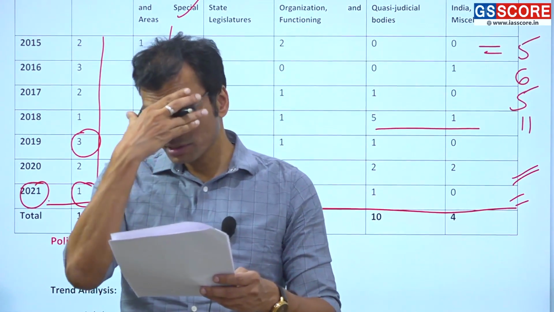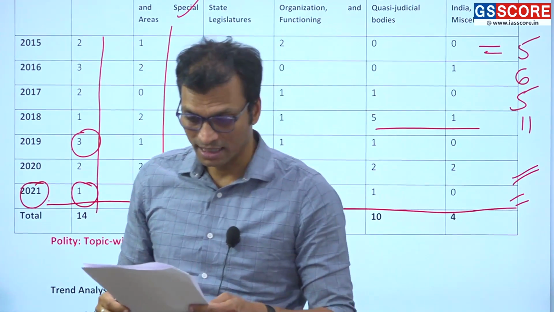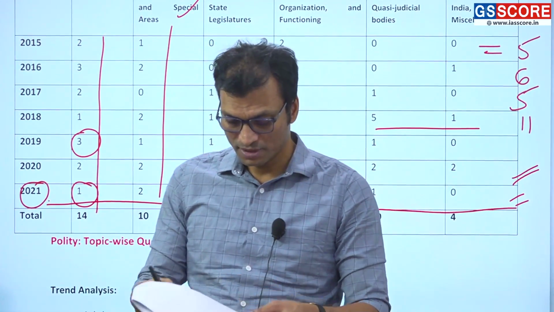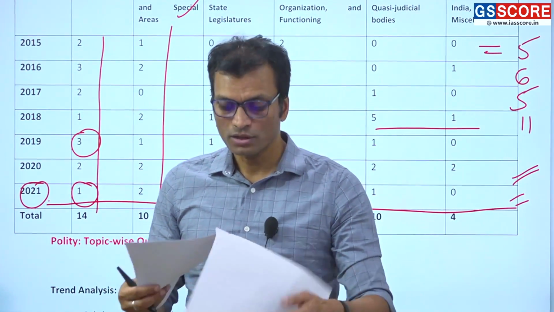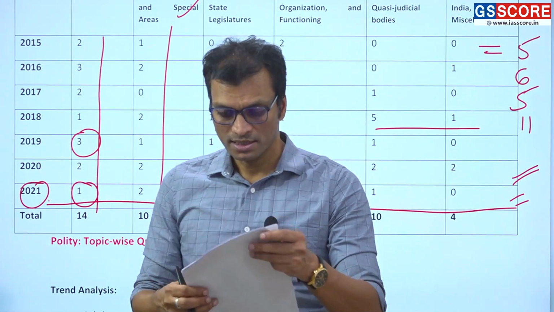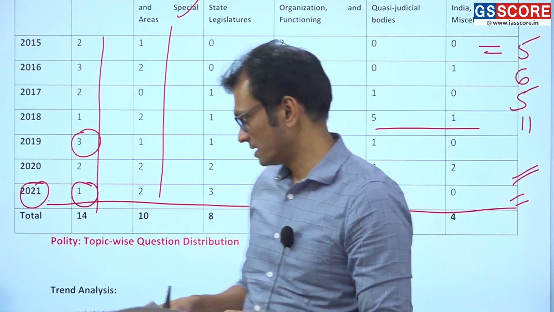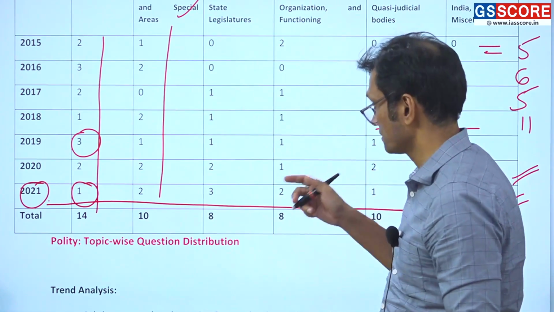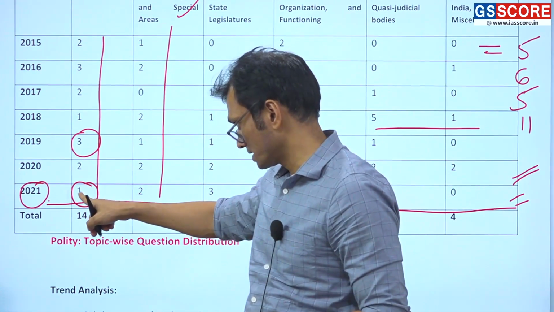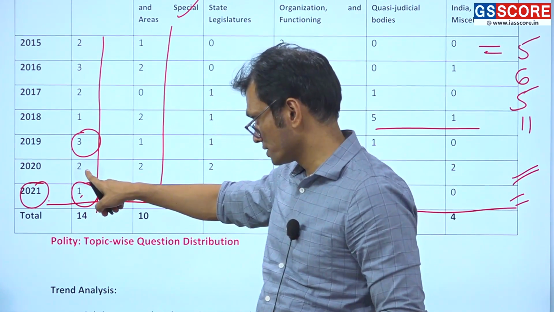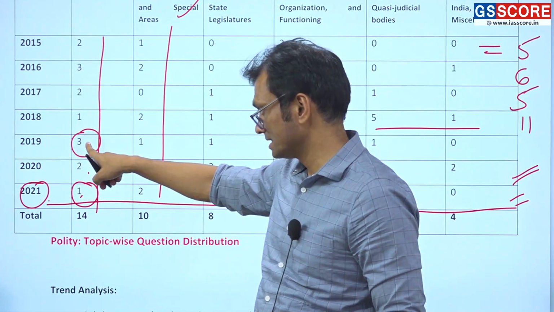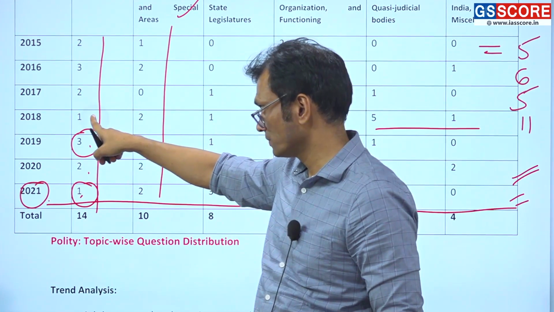So the constitutional morality question is there. We have to understand that all such value-based questions have been asked earlier as well. In the value-based questions you can see 2022 had questions, 2019 had 3 questions, and 2018 had 1 question.